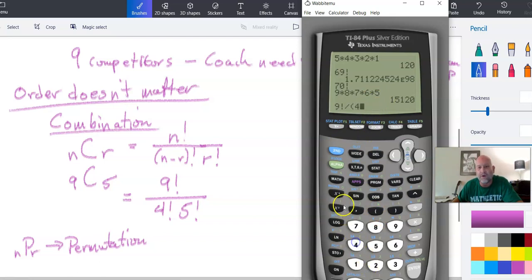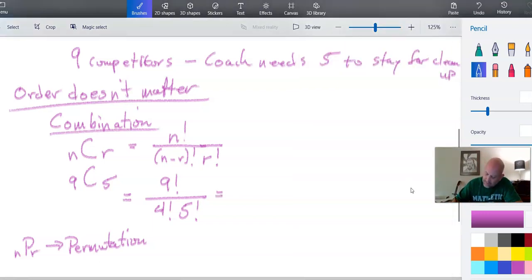It would be 4 factorial times 5 factorial. And then close your parentheses. So that way it's dividing by both of the factorials. And ba-boom, I get 126.